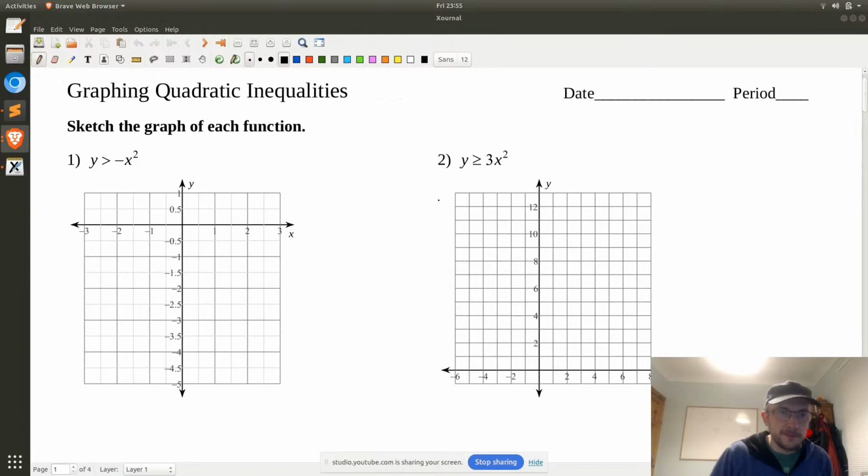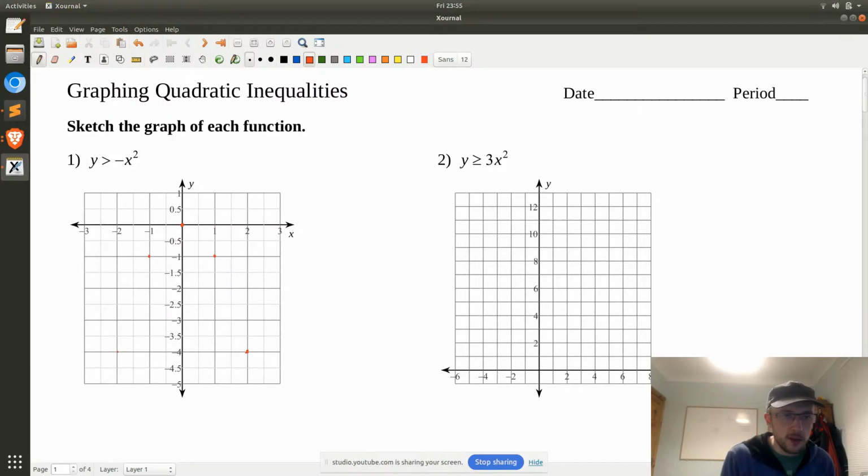Okay, let's see. So we have the graph y is greater than negative x squared. Negative x squared has the origin, 1, negative 1, 2, negative 4, and it's symmetric.